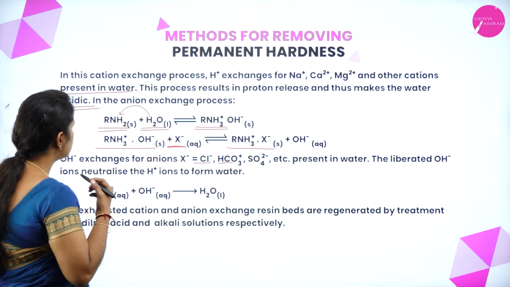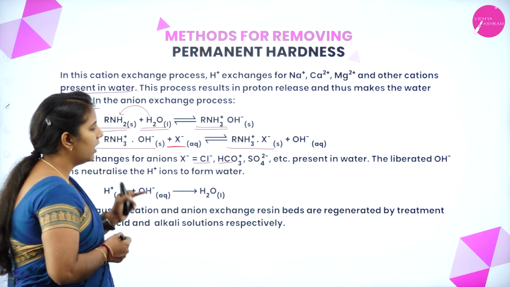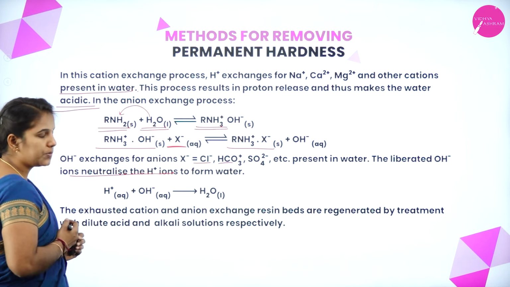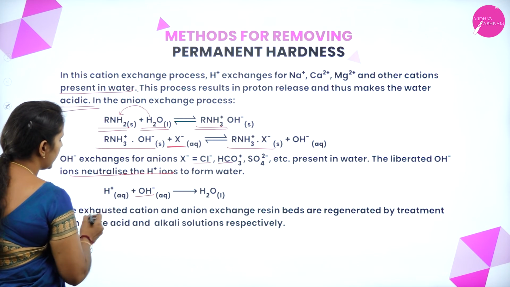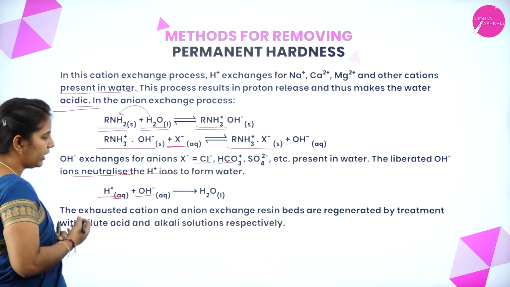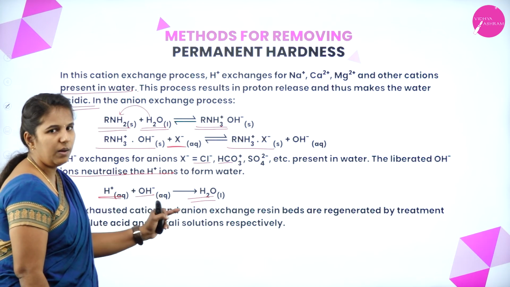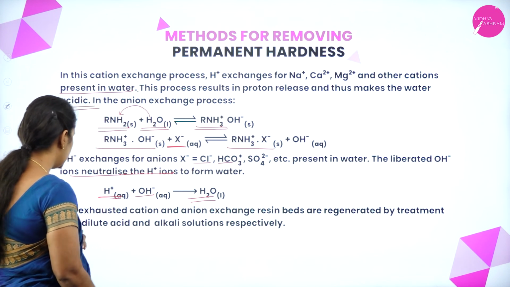So the OH minus exchanges anions with the X minus present in water, with the liberation of OH minus ions that neutralize the H plus ions from the water. You can see that the OH minus ions, when passed with the cation exchange resin, neutralize the water, making it neutral from the acidic nature.